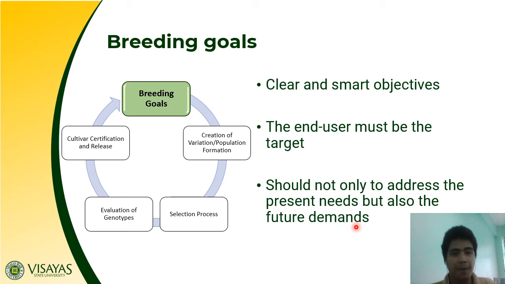So as a plant breeder, you have to think in advance. You can develop new lines or varieties, not only for today, but also for tomorrow. Okay, so again, your breeding goal must be clear, SMART, and must target a specific end user, and should address not only the present circumstance, but also future demands.